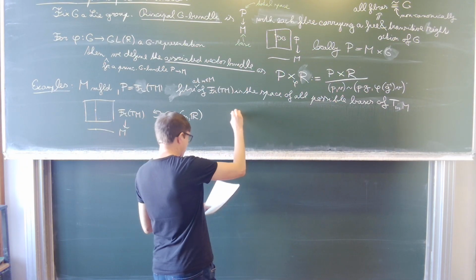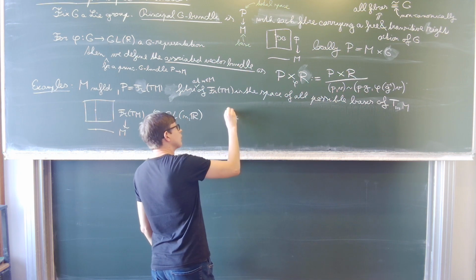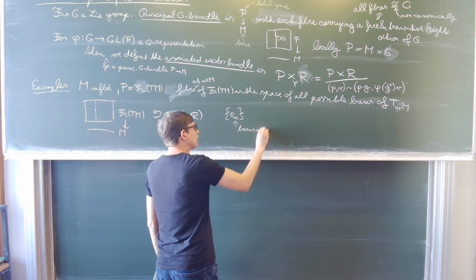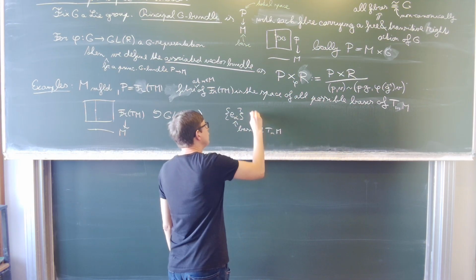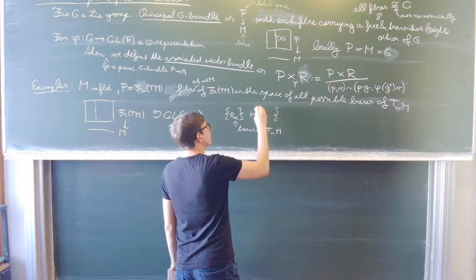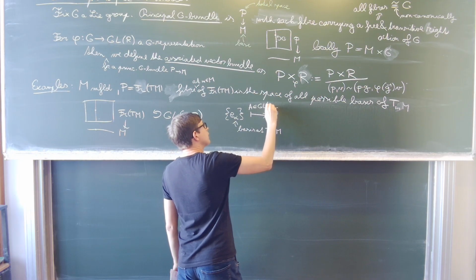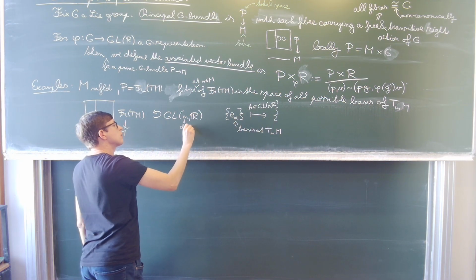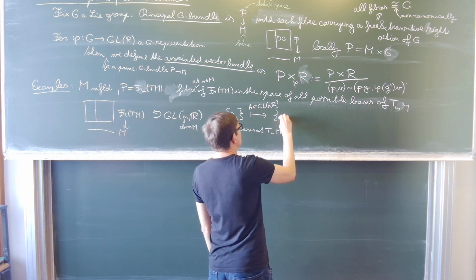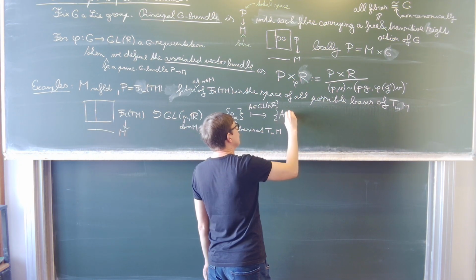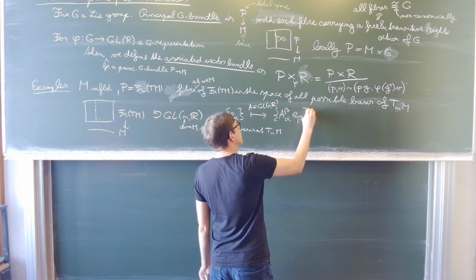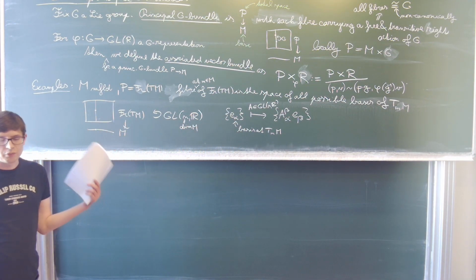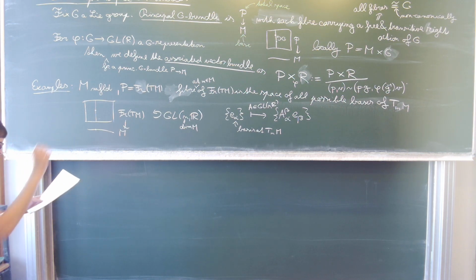So if I have a frame, a basis at the tangent space, then I take a matrix A in GL_n(R), where n is the dimension of M, and I map the basis to its transform by A. And you can check that this is the right action. You know that any two bases are related by precisely one GL_n transformation.